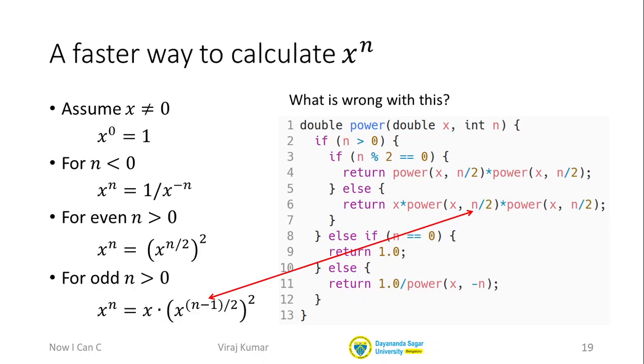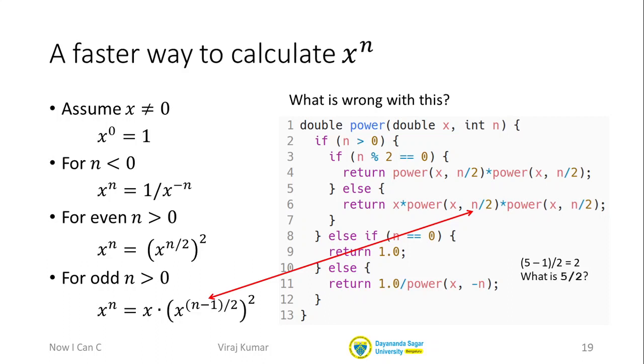But is it really an error? Let's look at an example n, which is odd and positive. How about n equal to 5? Mathematically, when we want (n minus 1) by 2, we are talking about the answer 2. But what are we calculating on line 6? We are calculating int n. Remember, n is an integer parameter.